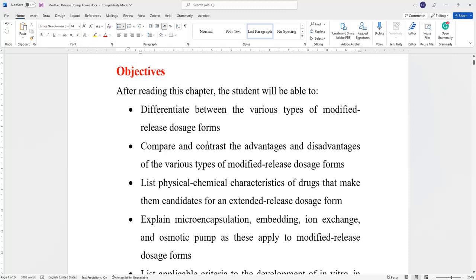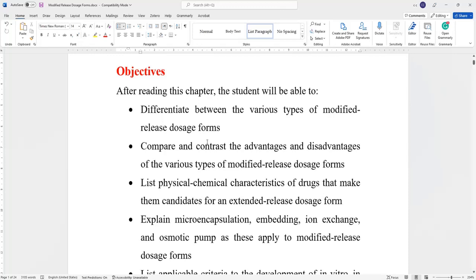You should compare and tell me the advantages and disadvantages of those modified release dosage forms. Generally, you will tell me what are the good things, what are the bad things. Also, you should tell me what physical and chemical characteristics of the drug allow the drug to be incorporated into such extended release dosage form.